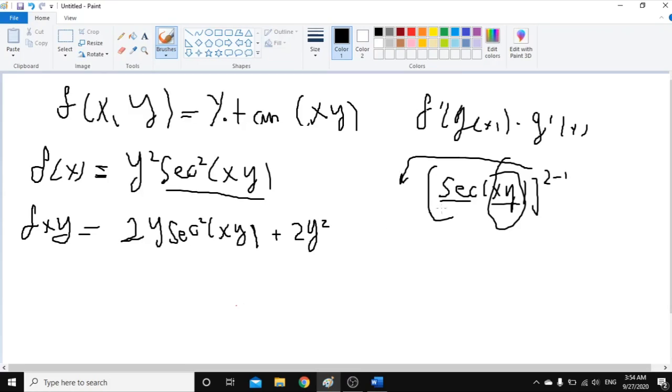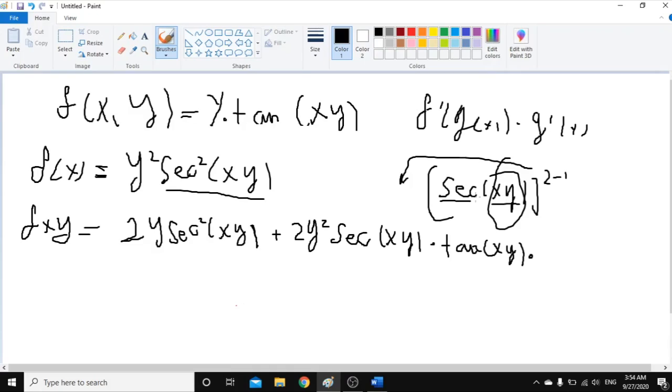And then times, the derivative of the secant is what? It is secant xy, because inside there is xy, and then times tangent xy, and then I find the derivative of the inside.